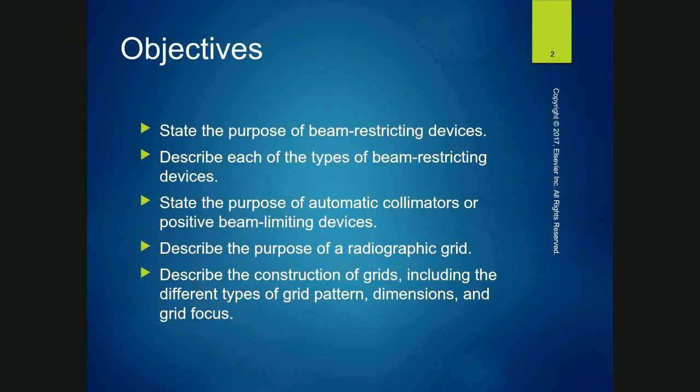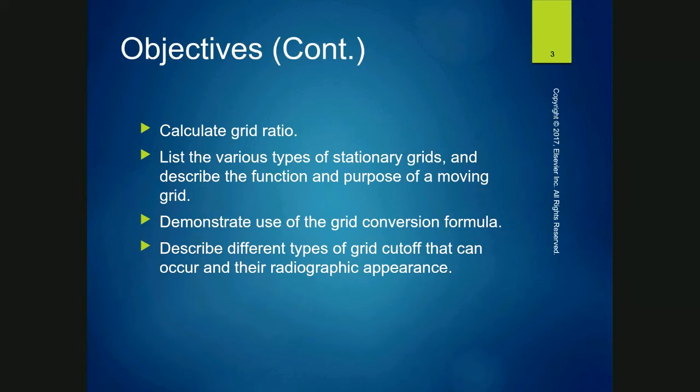For example, the next to last one says describe the purpose of a radiographic grid. So what does that tell you? It tells you that whenever it comes exam time, which will still come, coronavirus or not, you need to be able to explain what grids do, how they do it, what different types there are, all that kind of thing. So these are basically your study guide for this unit.